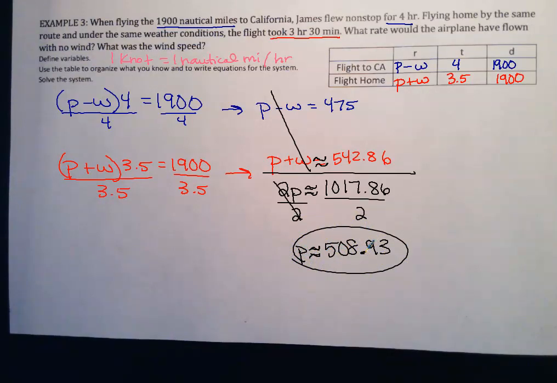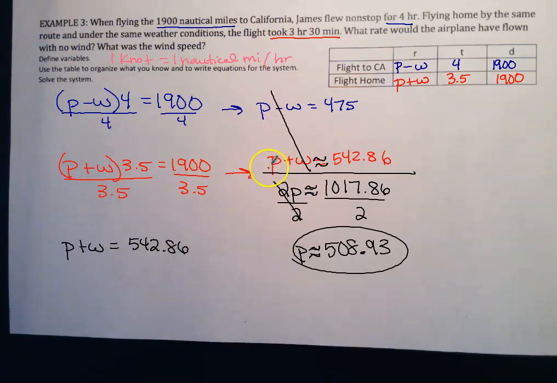We can knots. What do we do now? Let's do the bottom one. P plus W times 3.5 equals 508.92. Wait, you're saying it would be 508.92? I think maybe you started to use this one.